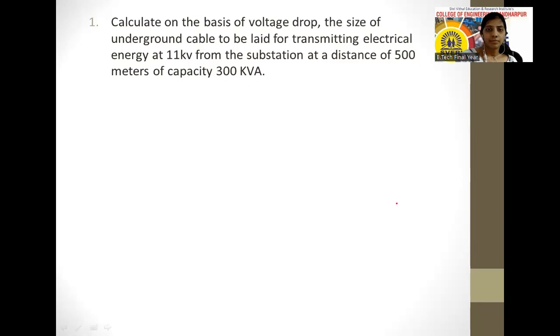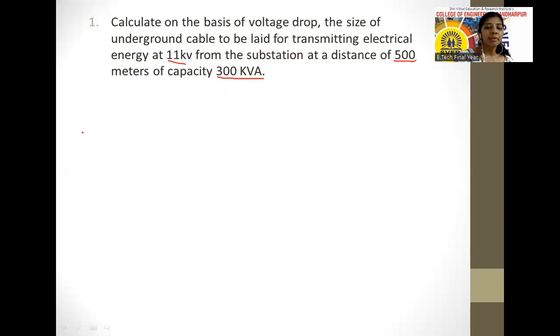Calculate on the basis of voltage drop the size of underground cable to be laid for transmitting electrical energy at 11 kV from the substation at the distance of 500 meters of capacity 300 kVA. Okay, which type of power is given here? Apparent power is given here.